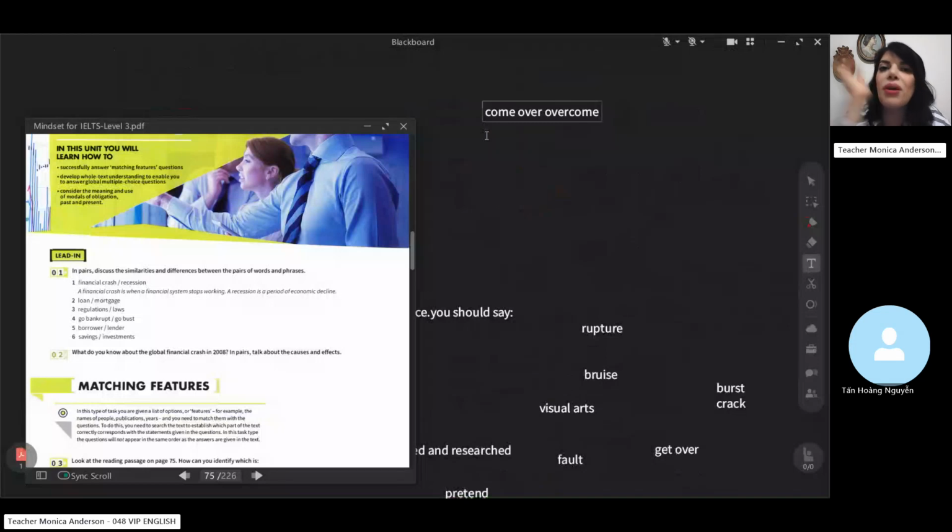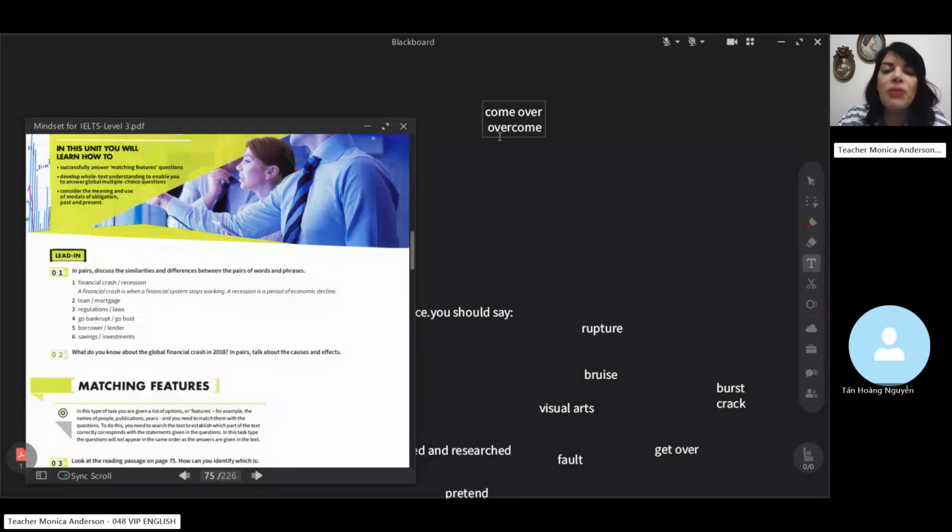First of all, let's talk about come over. As I told you before, phrasal verbs can have different meanings in different sentences, and we have the same thing with these two verbs. Let me explain so that you won't make mistakes while using them.